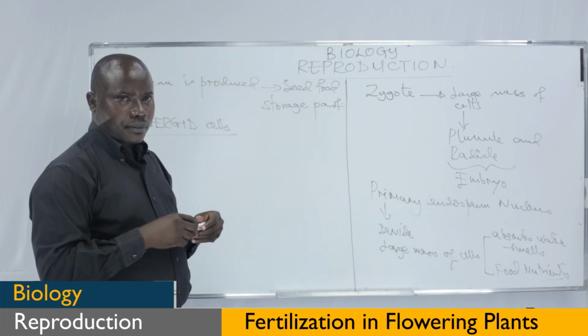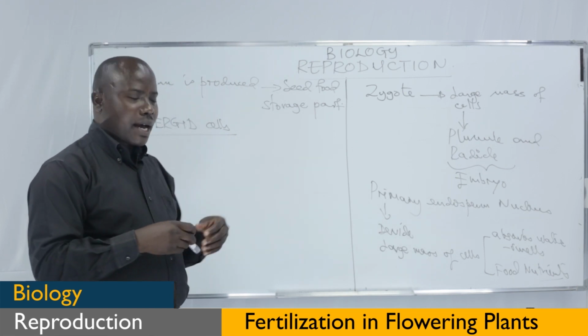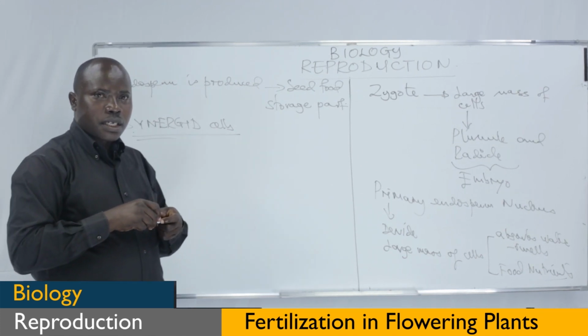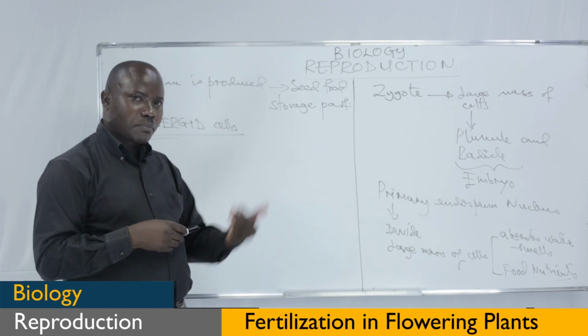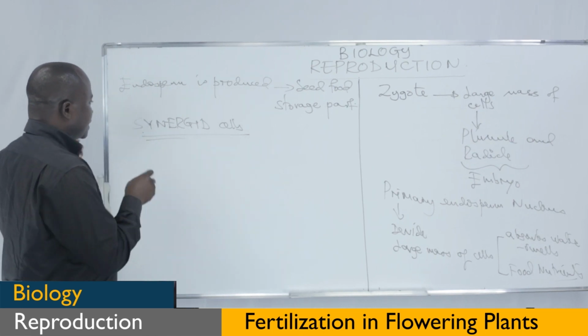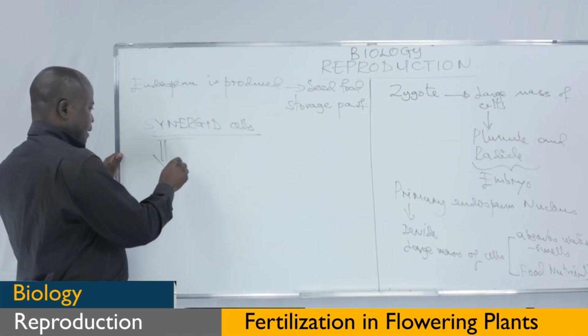What then, after this fertilization has taken place, where do the synergid cells go? They produce chemical substances which help to attract the pollen tube toward the embryo sac. The synergids, when they have done their work, degenerate.